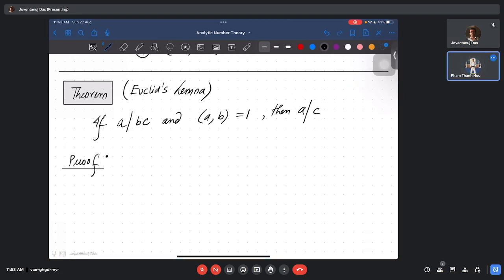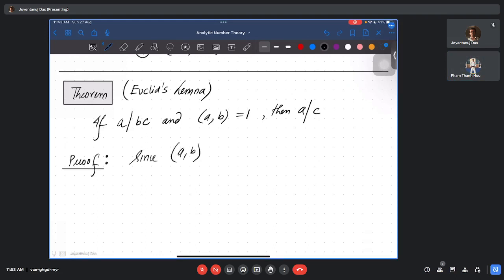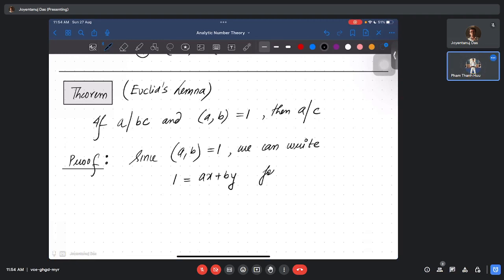Since the GCD is 1 between A and B, we can write 1 as AX plus BY, for some integers X and Y. That is what the theorem gives us.